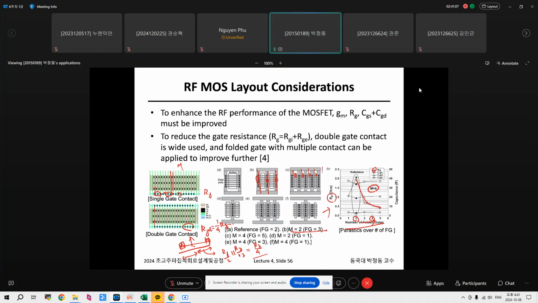Because of this gate resistance reduction, you can achieve a much higher Fmax. Maybe you can apply this in your design and layout. See reference 4. This is actually similar to the structure proposed by Professor Ning about 15 years ago.